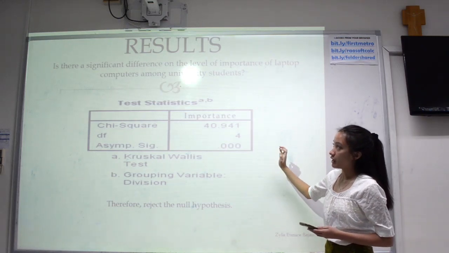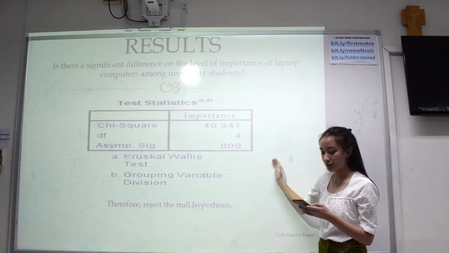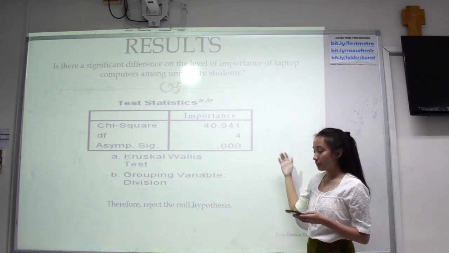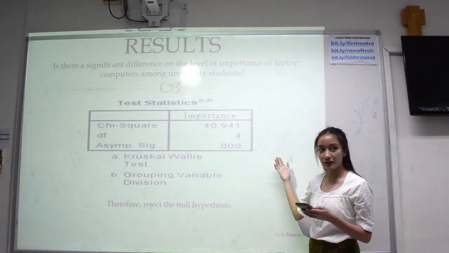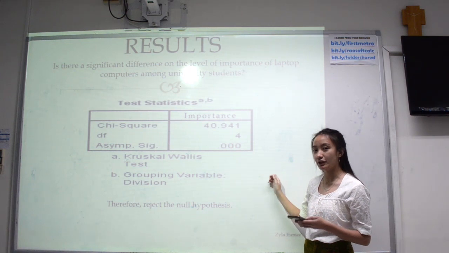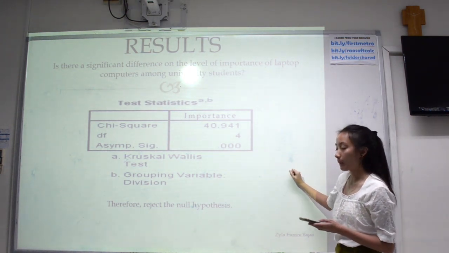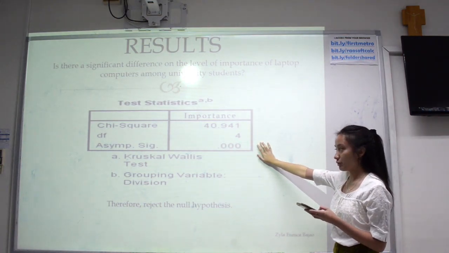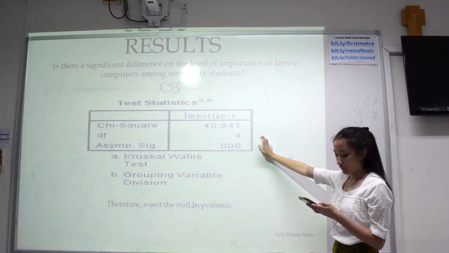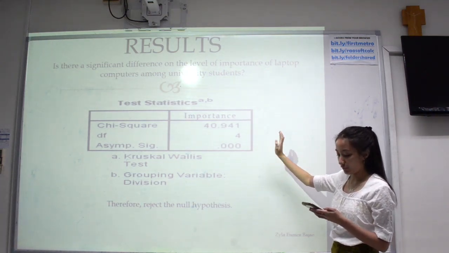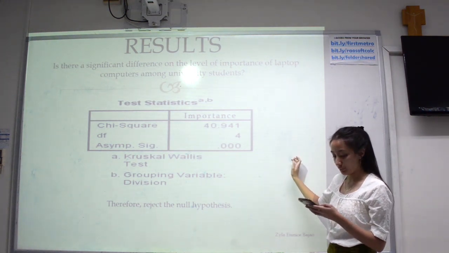The test that we use is the Kruskal-Wallis test because it is a rank-based non-parametric test that can be used to determine if there is a statistically significant difference between two or more groups on an independent variable. The chi-square distribution is calculated for the Kruskal-Wallis test. If it is more than the critical value, then the hypothesis can be rejected.